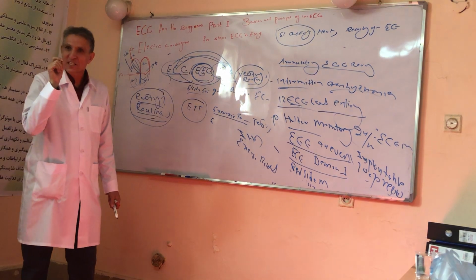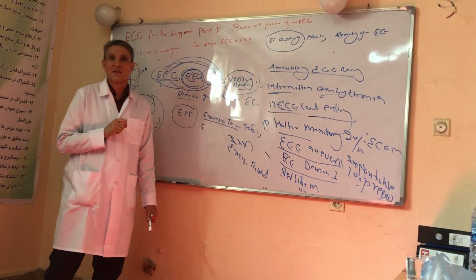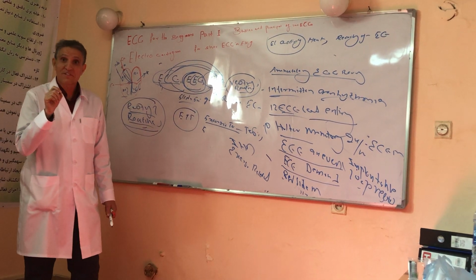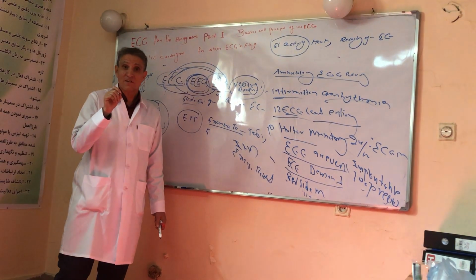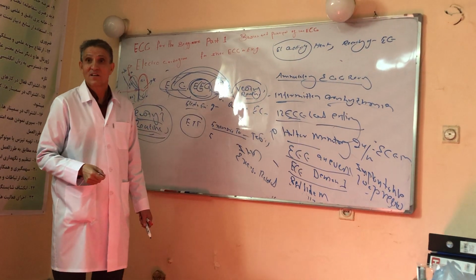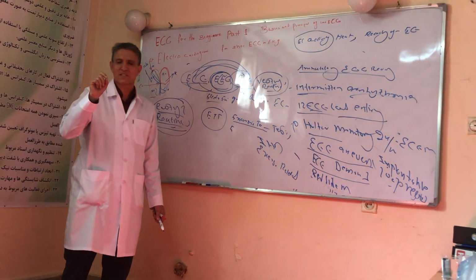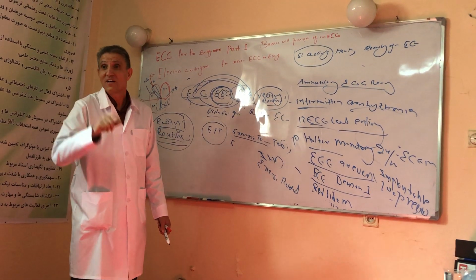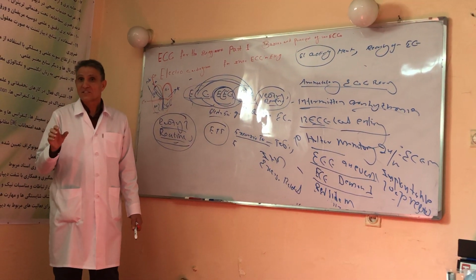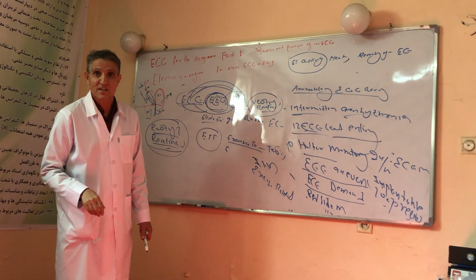ECG has a key role in the diagnosis of those people who have arrhythmia. But sometimes you face a patient who suffers from arrhythmia, but when you take the ECG of that patient, you will not record any abnormality. Those people sometimes develop arrhythmia, sometimes they may not. It's called intermittent arrhythmia.